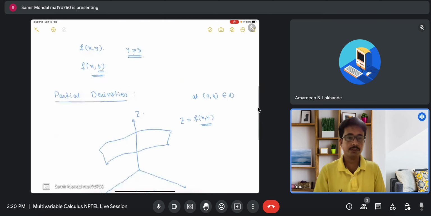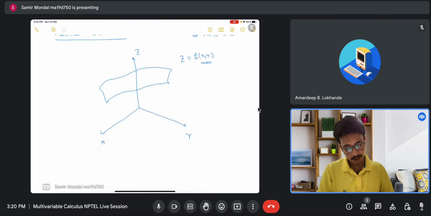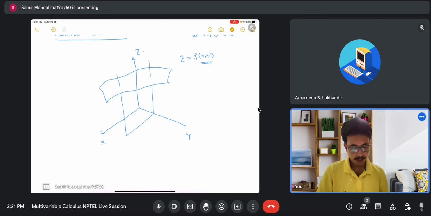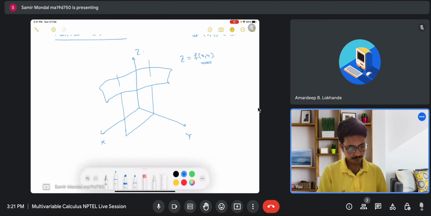This is your surface. If you take this plane y equal to b, what will we get?